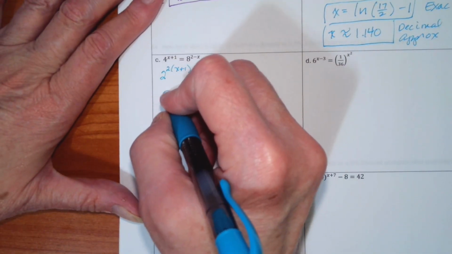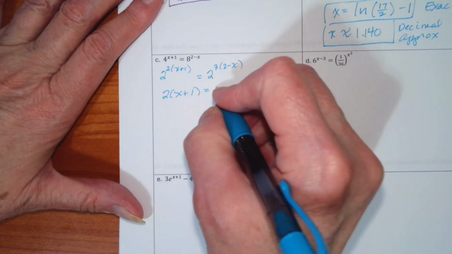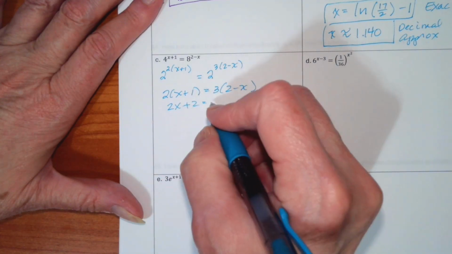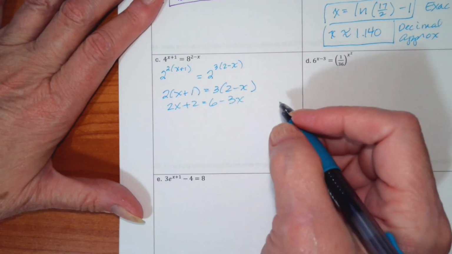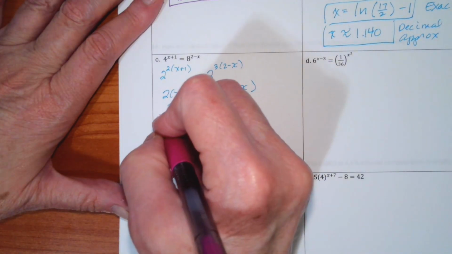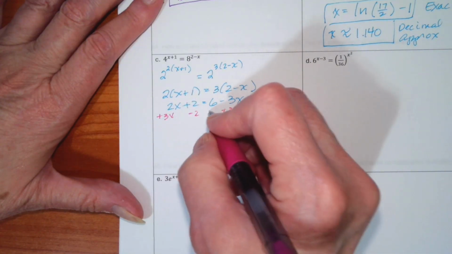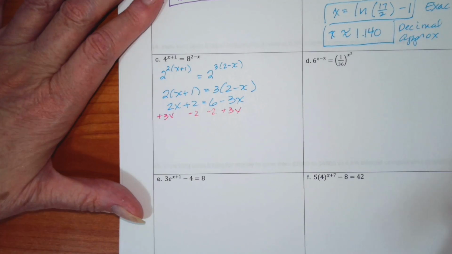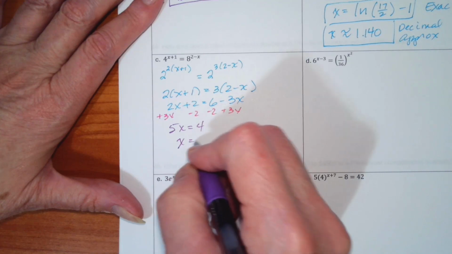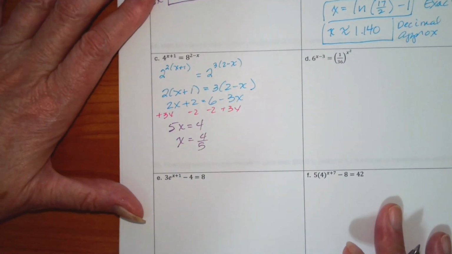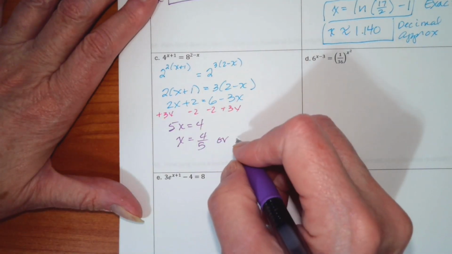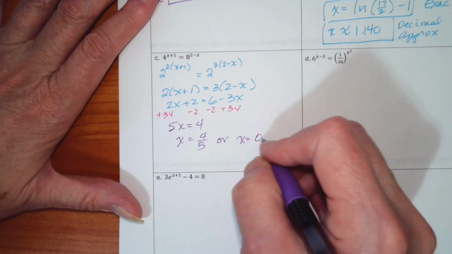So this gives me 2 times x plus 1 is equal to 3 times 2 minus x. 2x plus 2 is equal to 6 minus 3x. So I'll add 3x and I'll subtract 2 from both sides. So that gives me 5x is equal to 4. So x is equal to 4/5, or you can write it as 0.8.